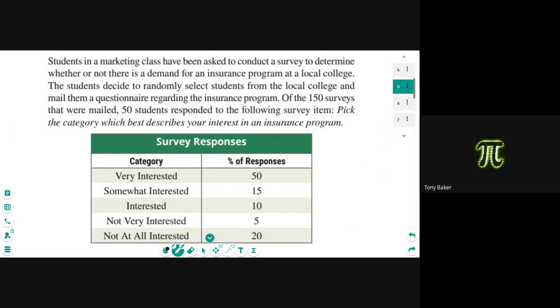So question number 1 is that they did a random sample. Okay, so we've got a random sample. Does everybody agree that it's a random sample? Why is it not a random sample?